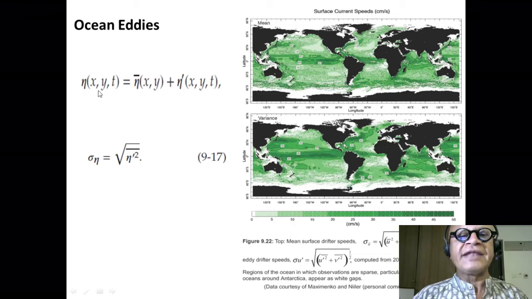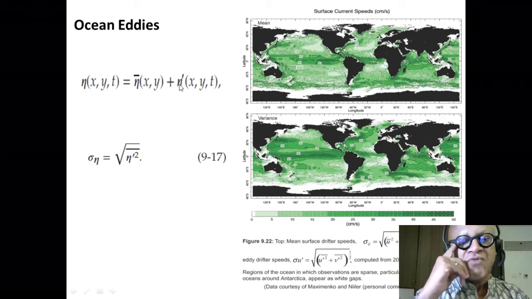What do we mean by eddies? We had mentioned the variance of the sea level before. If sea level is varying in x, y, and time, then it has a long-term mean in space plus a time variation around it.